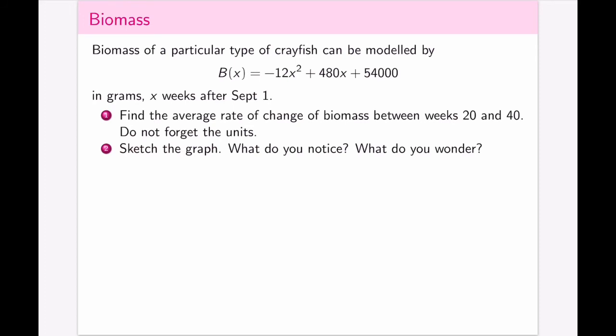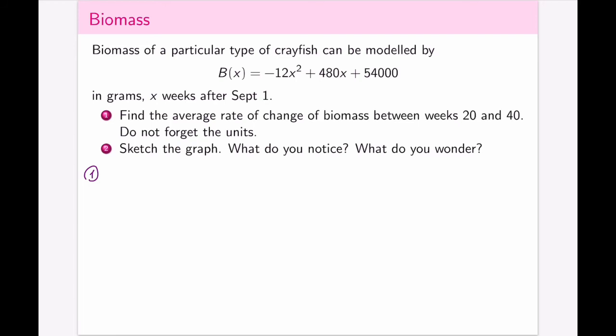So let's get going. First of all, the average rate of change. So recall that the average rate of change is always the change in your actual variable divided by the change in, in this case, time, because we are asked for a particular time period.